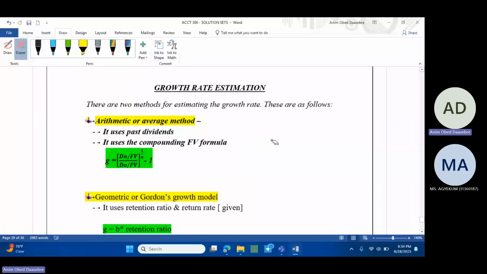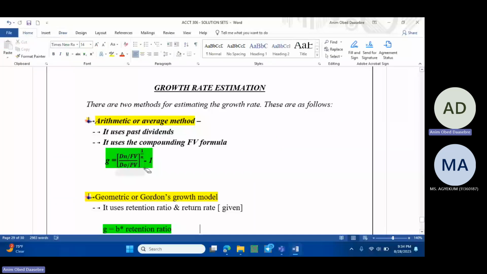So to explain the variables, the Dn is the future dividends, and the D naught is the current dividends. So both the current dividends and the future dividends will be given to you in the question.